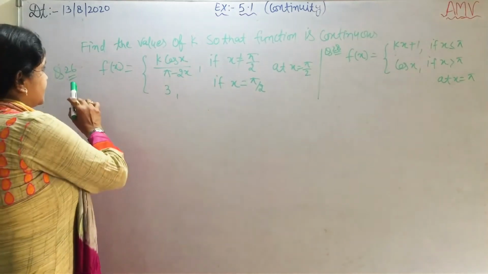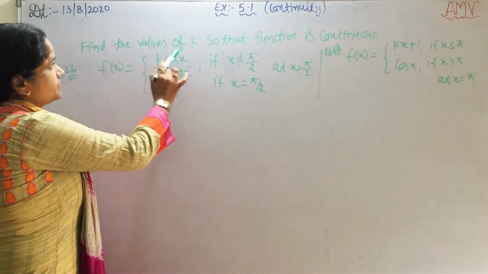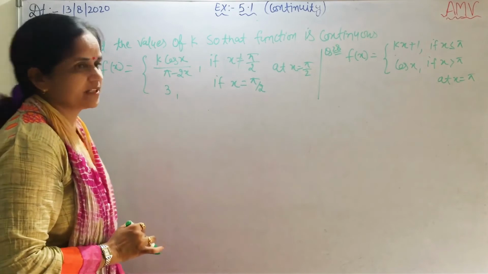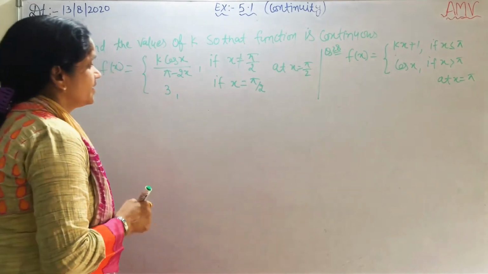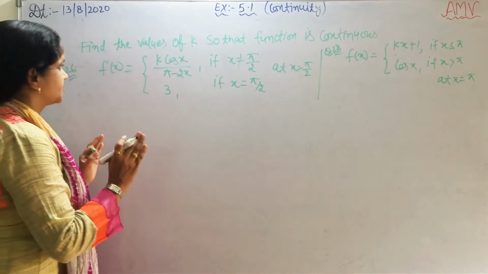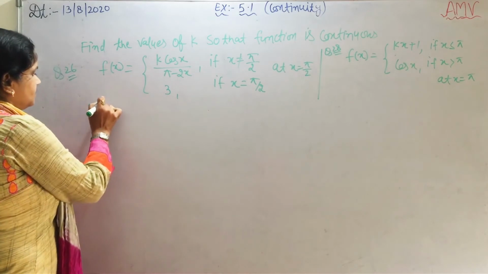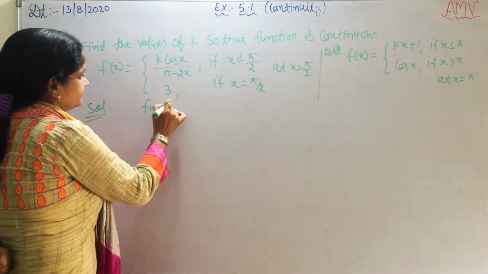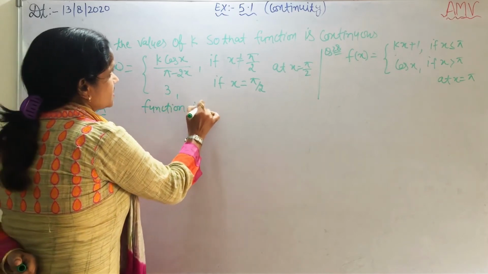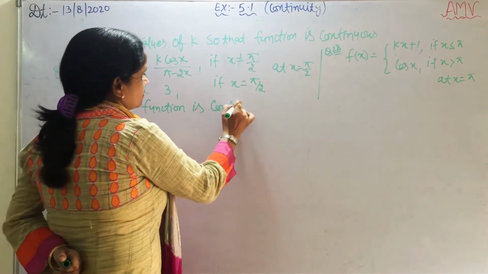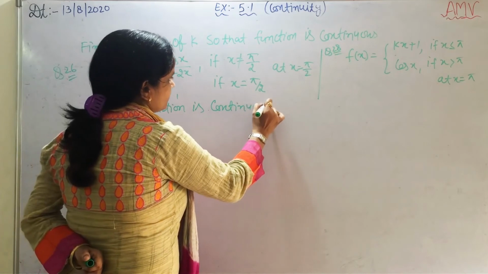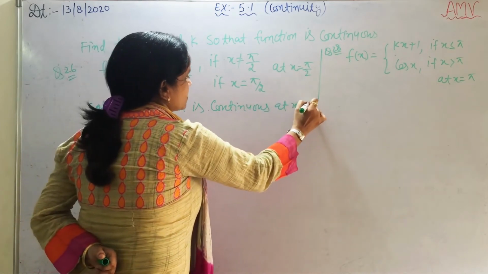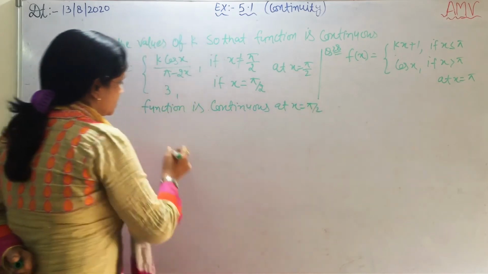Question number 26. Find the values of k so that the function is continuous. Here it is given that the function is continuous. So first write, function is continuous at x is equal to pi by 2.